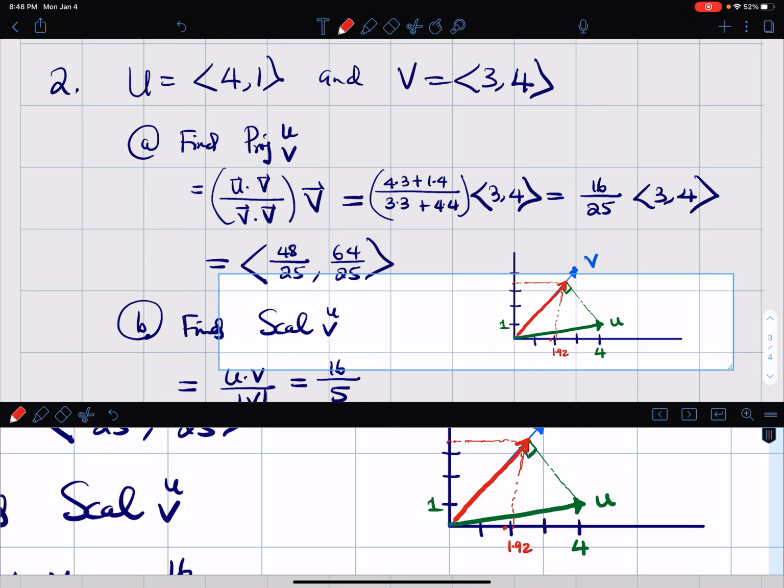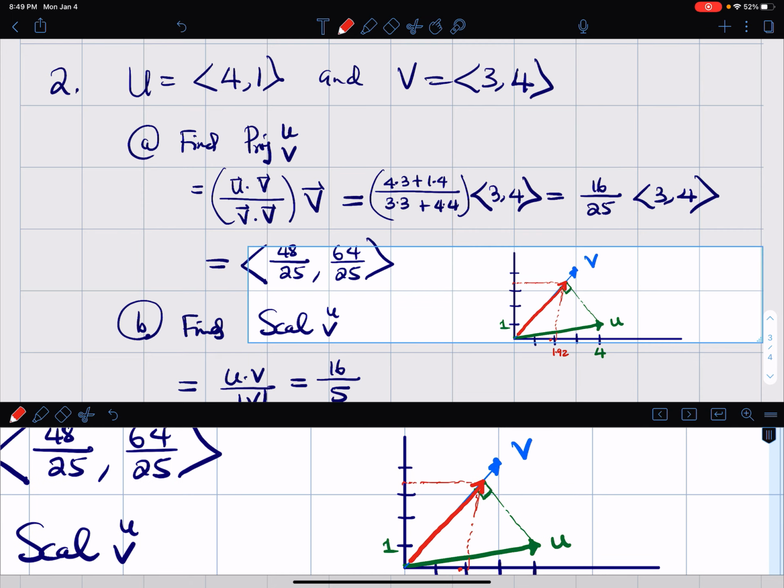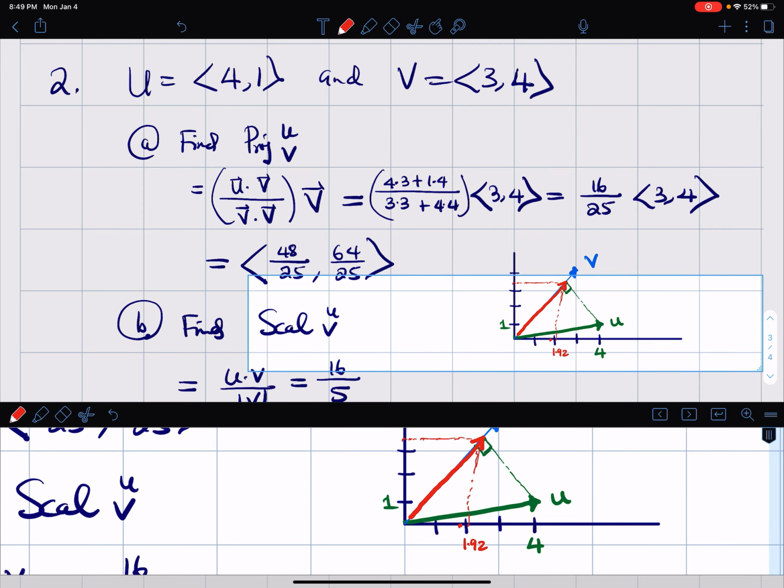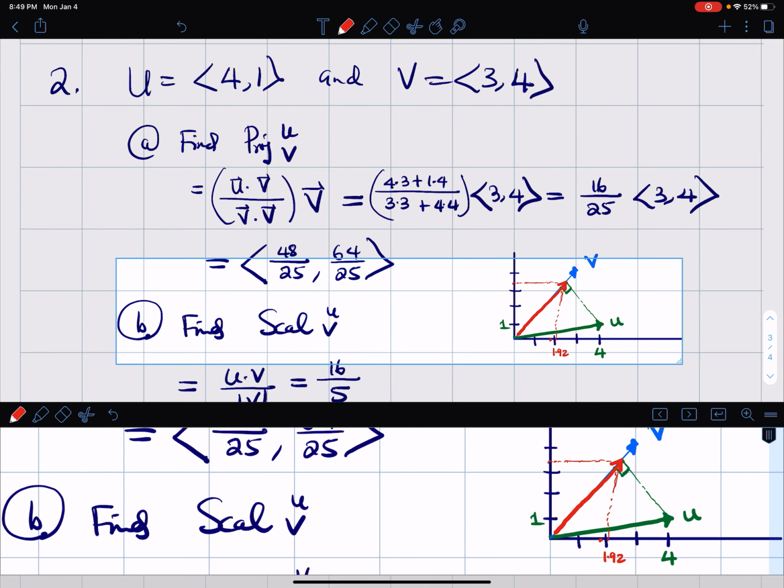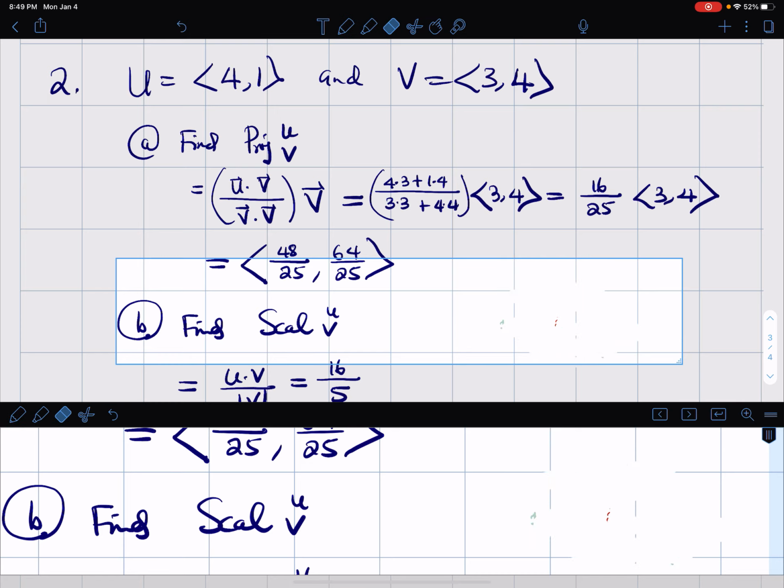And then 64 over 25 is 2.56. Okay, something is wrong. Let's do it again. I want to make it more to scale.